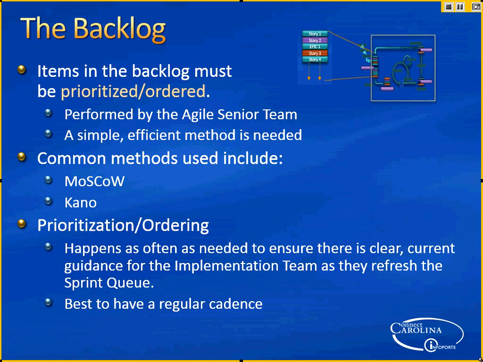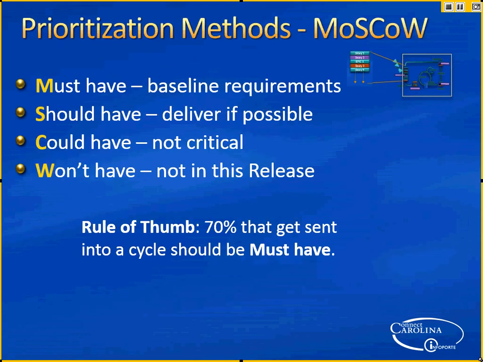It's best to set a regular cadence. Some people get to implementation points where they get more mature and they do it ad hoc. But certainly, as you're going initially, you should set a regular cadence with this team getting together and prioritizing the backlog.